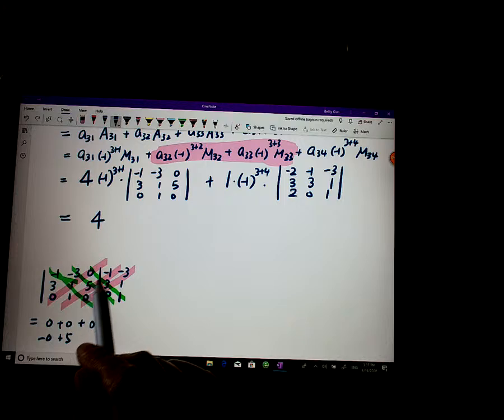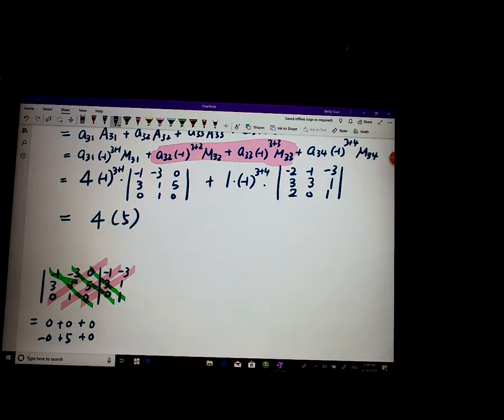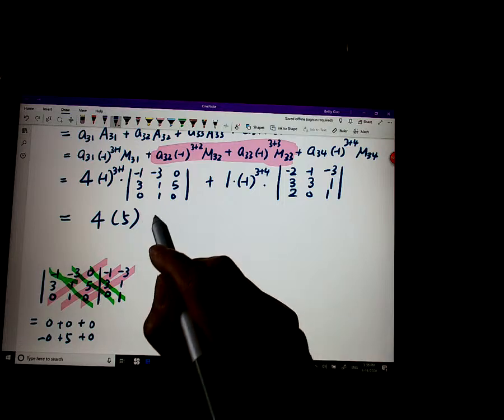So 1 times 5 times -1 is -5, but we keep the opposite. And this is 0. So we end up with 5. Let me double check. 0, 0, 0, 0, positive 5. Okay, very good.